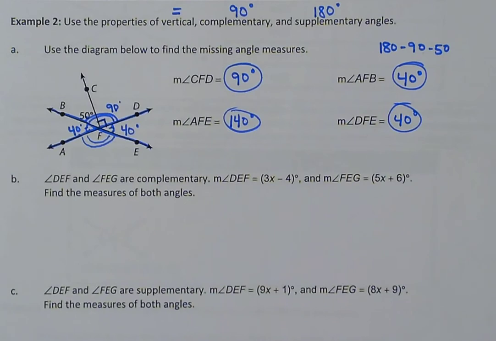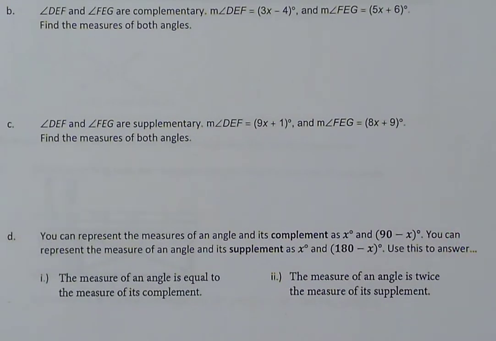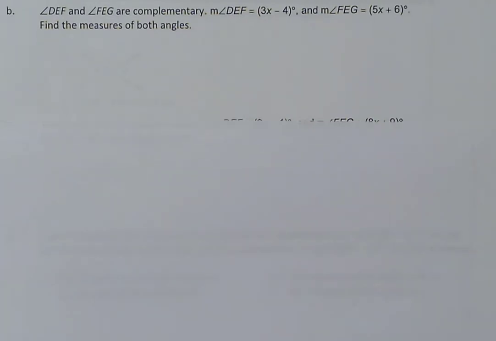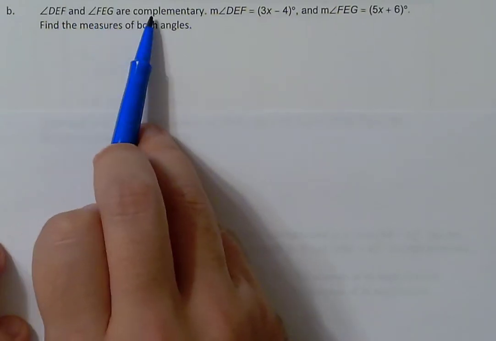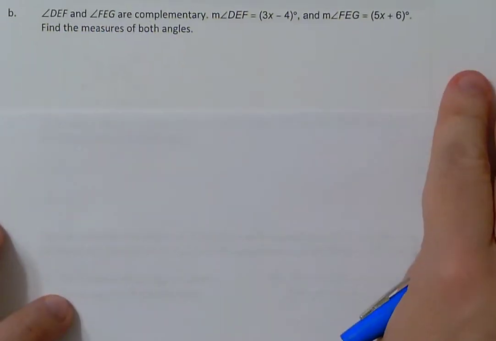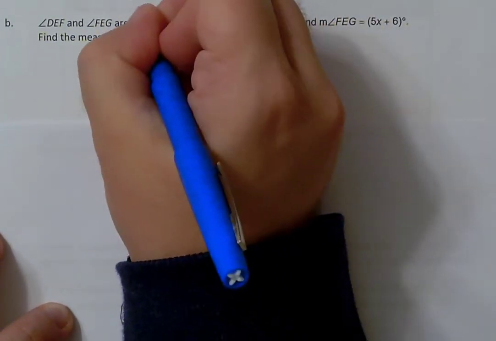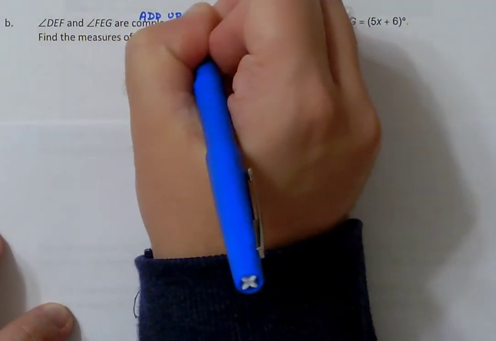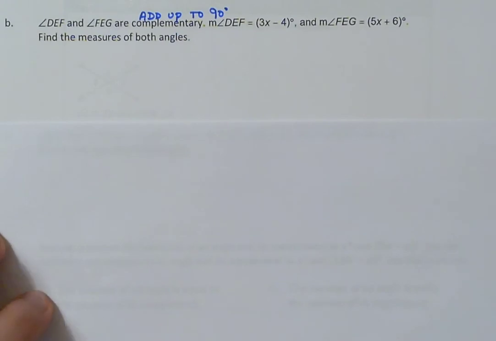Okay, part B. So for part B, it states that angle DEF and FEG are complementary. Well, complementary angles means that they add up to be 90 degrees.